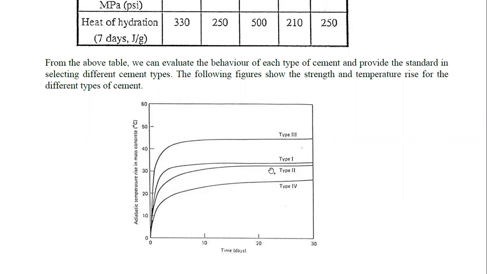The graph shows type 3 cement has the higher temperature rise, and the temperature is shown in degree centigrade.